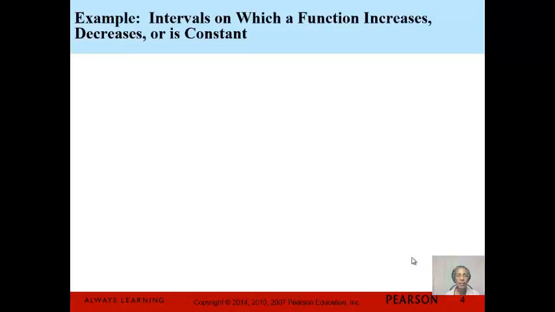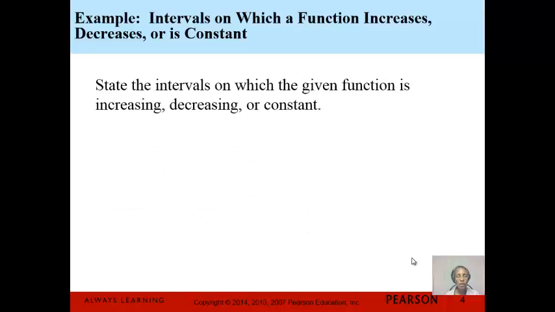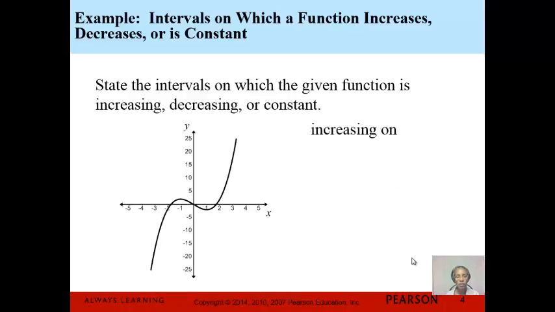So let's look at an example of this. We want to state the intervals on which the given function is increasing, decreasing, or constant. So if we take a look at this function, we see that from x's that are in the negative realm, so in other words, from negative infinity to x equal -1, the function is increasing.